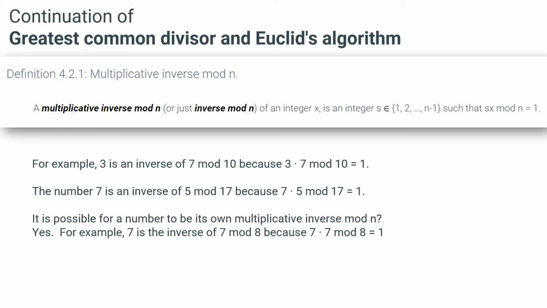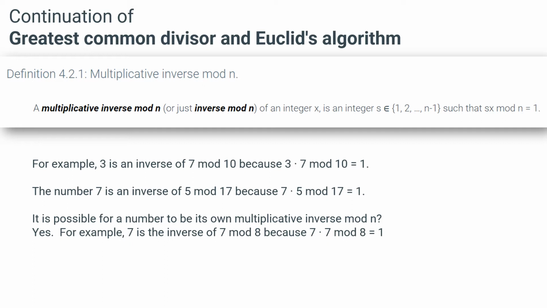So would it be possible for a number to be its own multiplicative inverse mod n? Well, yes, because here's an example. 7 is the inverse of 7 mod 8, because 7 times 7, which is 49, mod 8 equals 1. So here's a case where a number is its own multiplicative inverse.